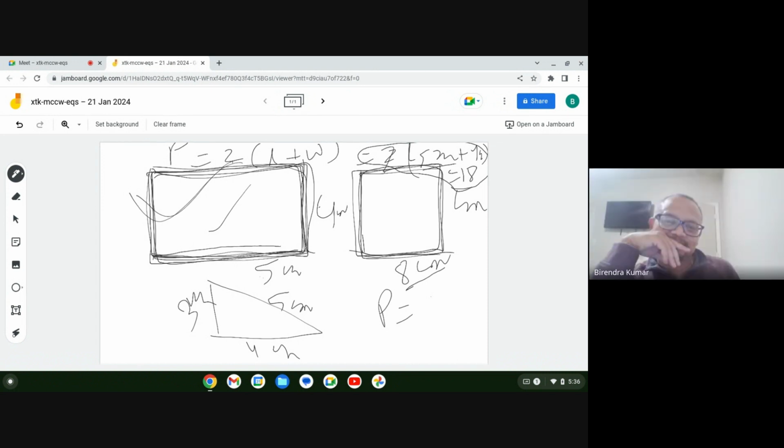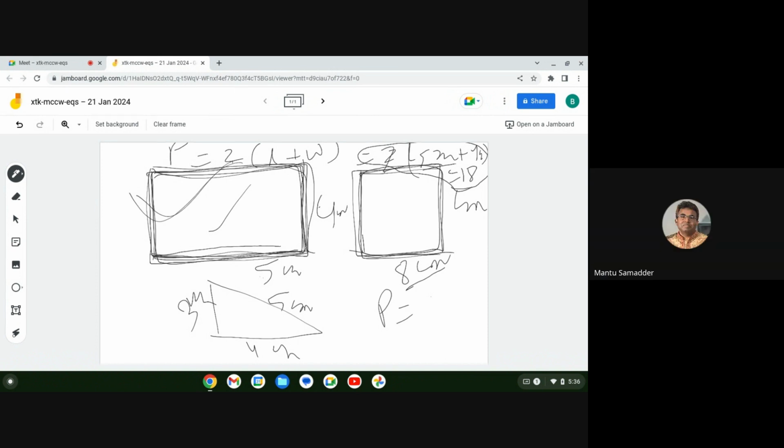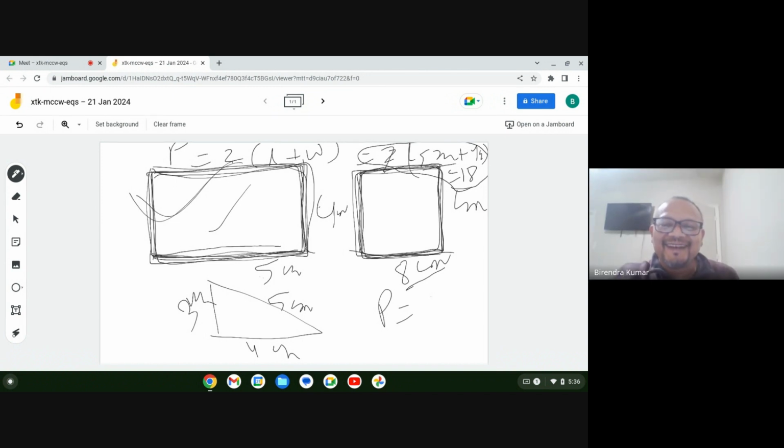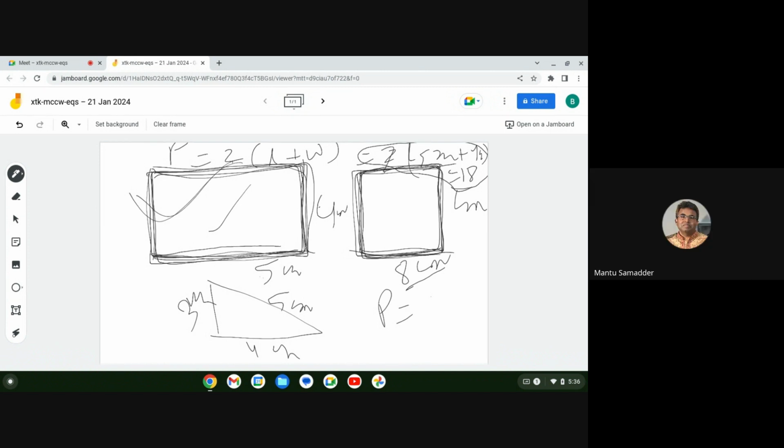I know you guys know it, okay? Just that you are thinking about this too much. What did you say for the perimeter of the square? 24?